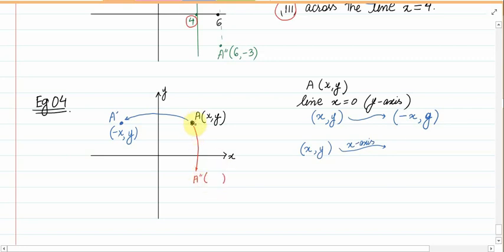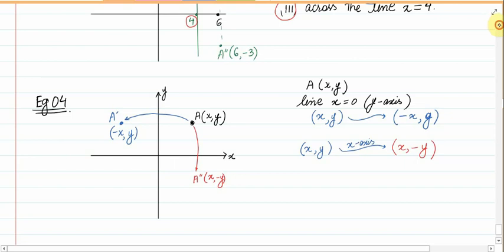Since there is no change in the x value, it remains the same, and y will be negative. That means when you reflect the point x, y across the x-axis, x remains the same but y becomes negative y.